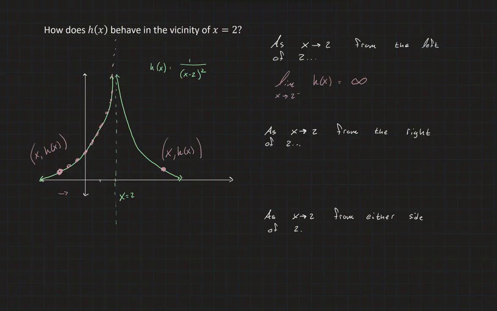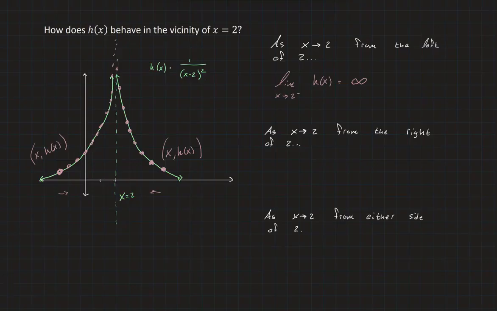If I pick some point on the right-hand side of 2 and I let that x value travel towards 2 from the right, the same thing is going to happen. I have these points, and these points are just getting larger and larger. As the input approaches 2, the output gets larger and larger, and it just goes toward infinity. So again, the goal of these limits is to describe how our function is behaving in a region.